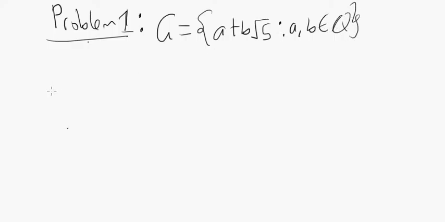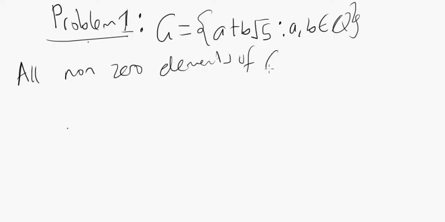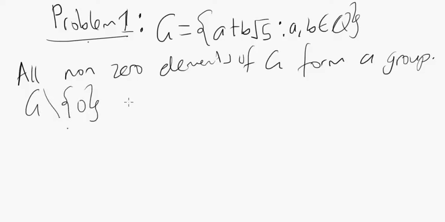And so our job is really, we want to prove that all non-zero elements of G form a group. That's our task, right? In other words, we want to show that G without 0 is a group, right?